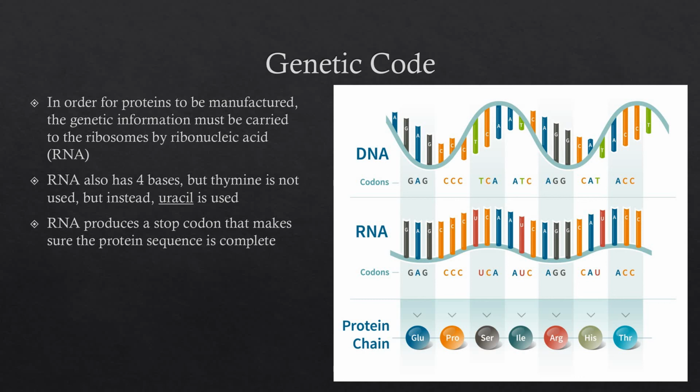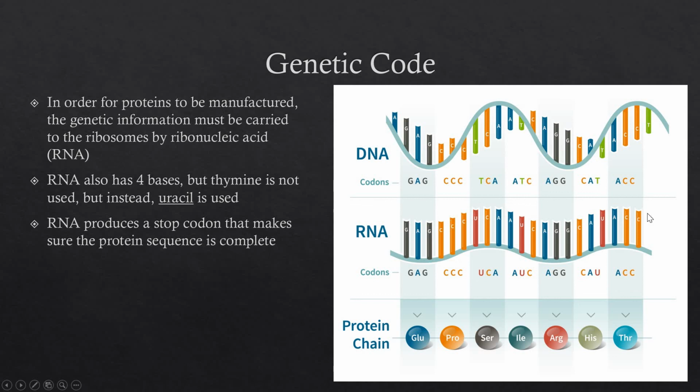Now, in order for proteins to be manufactured, they have to be from the ribosomes. And DNA has to communicate with our ribosomes. So RNA now, its function also has 4 bases, but instead of thymine, it uses uracil. So if you can see a codon here, if it has a U in its entire sequence, then you know that it's RNA.